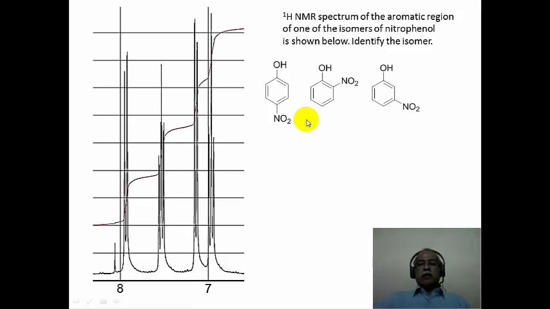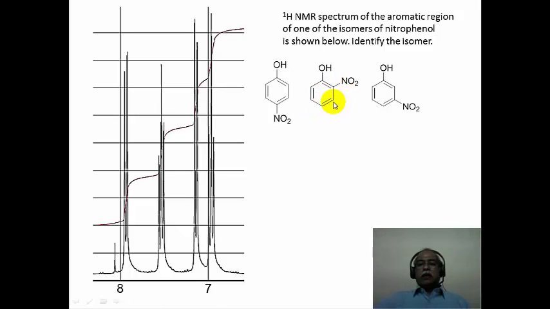So that leaves us with 2 other isomers, namely orthonitrophenol and metanitrophenol. Now in both the orthonitrophenol as well as metanitrophenol, you have 4 different chemically non-equivalent hydrogens. Hydrogen, which is this one, ortho to the hydroxy, para and meta to the nitro and meta to the hydroxy, this particular hydrogen, para to hydroxy and meta to nitro, this particular hydrogen here.